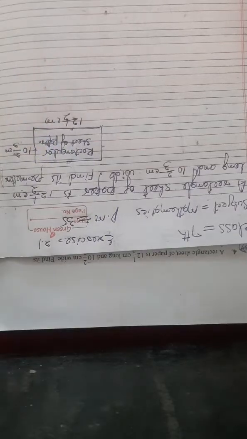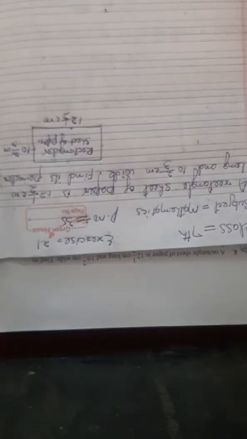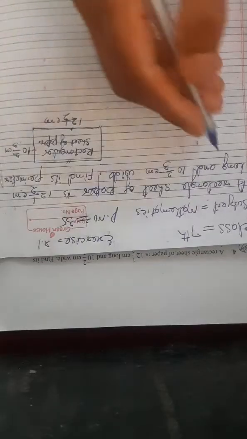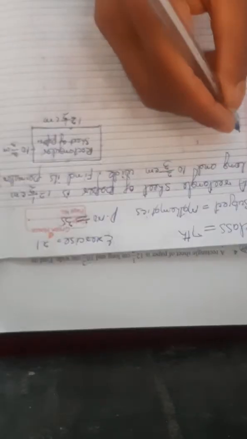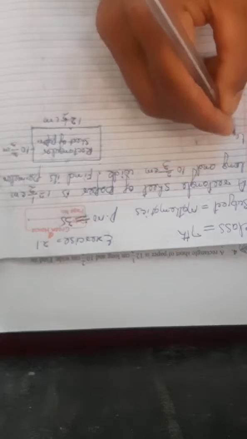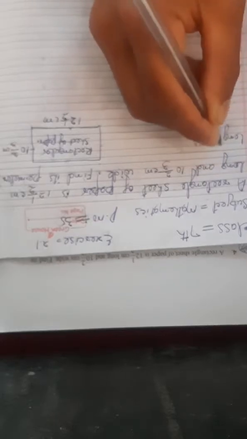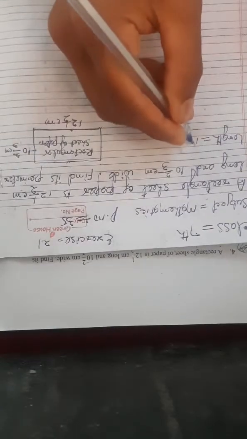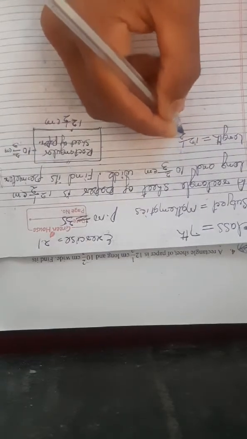But we will find the perimeter of this rectangle by using the formula. Length is given and breadth is also given. First we will write the length. What is the length? Length is 12 and 1 by 2 centimeter.